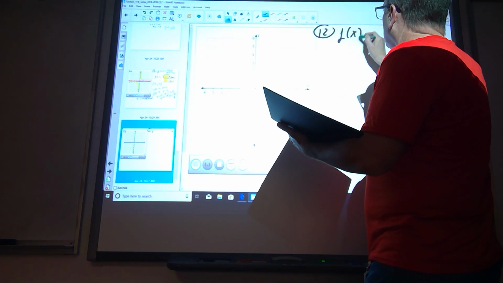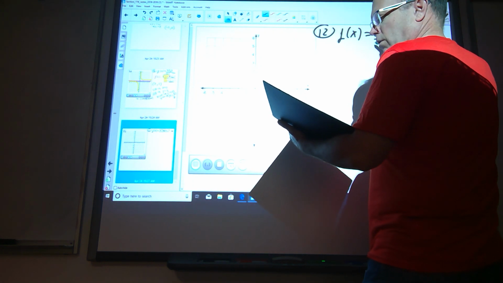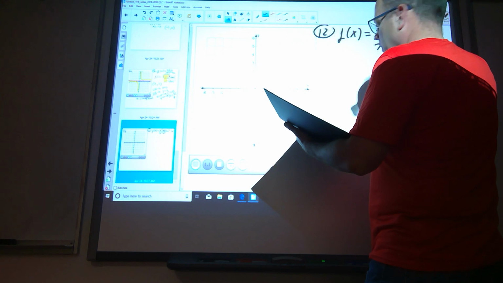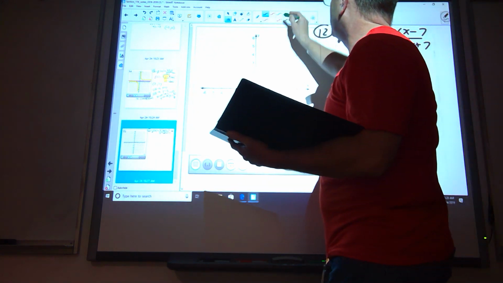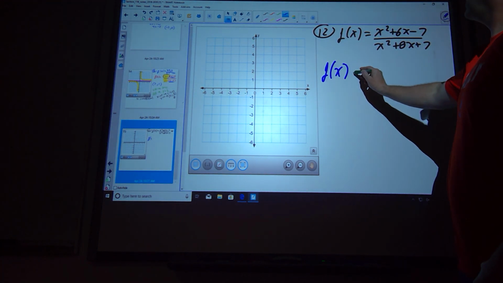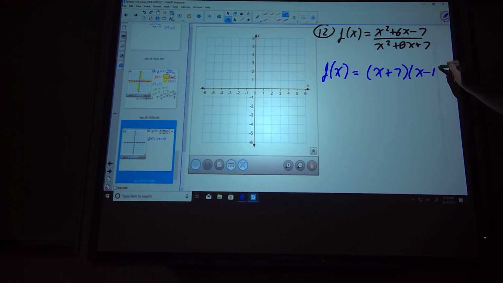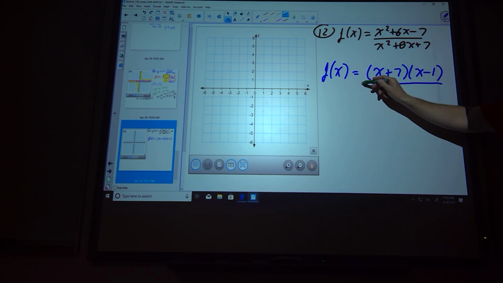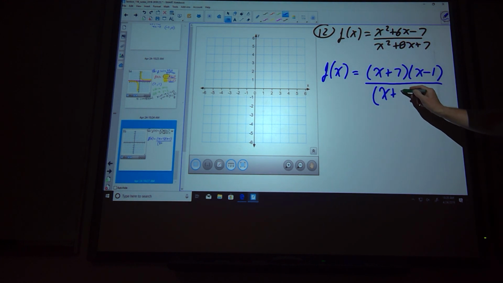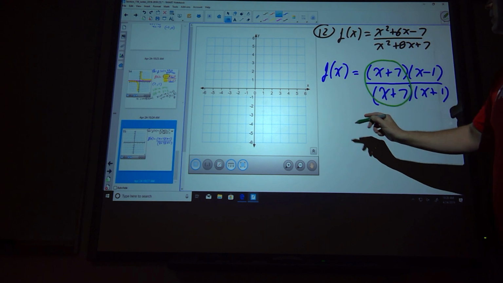f of x equals x squared plus 6x minus 7 over x squared plus 8x plus 7. So let's factor it. Top's going to factor to x plus 7, x minus 1. Does that seem okay? And bottom's going to factor to x plus 7, x plus 1. So I'd say this is going to give us our hole.